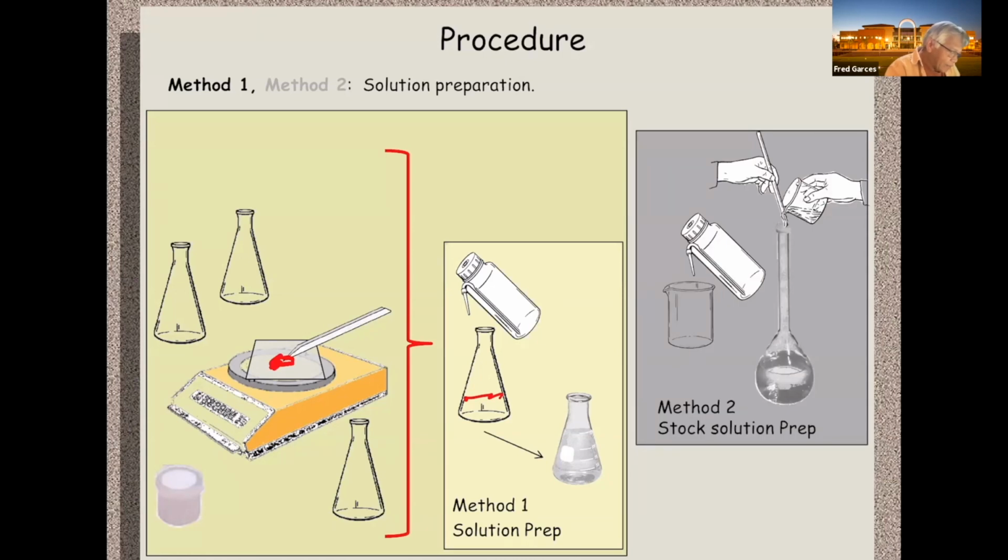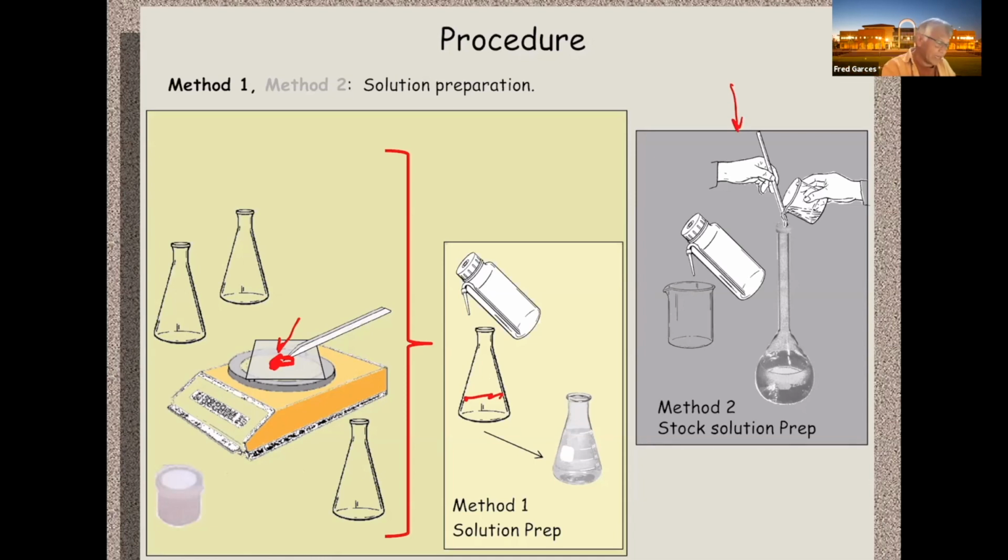Then this is method two. In method two, you're going to have 4 times the amount that you weighed in method one, and then you're going to put it in a volumetric flask, and then you're going to add water. So whereas in method one, you weigh your acid, you do 3 separate experiments with 3 different masses. In method two, you have 1 mass and you put it in a volumetric flask, and then you take aliquots, you take portions and you titrate that.